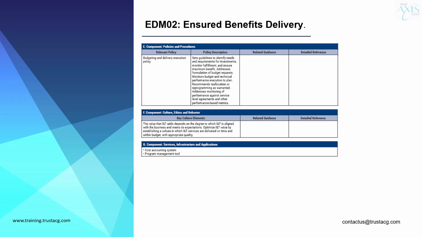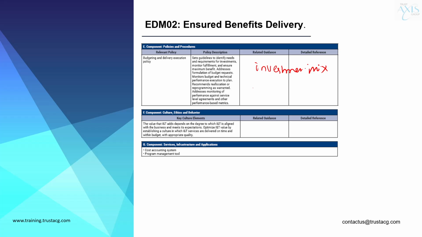Okay. So the final few components that must be listed out here is that you should have a budgeting and delivery execution policy, which plays a very important role because it would set the guidelines for identifying your investment mix or investment needs and requirements so that the resources are allocated strategically and not reactively.